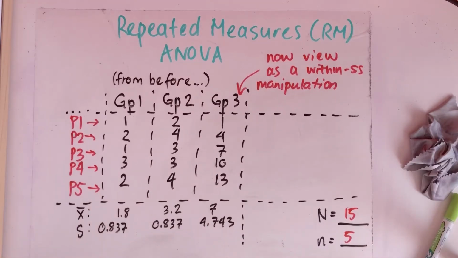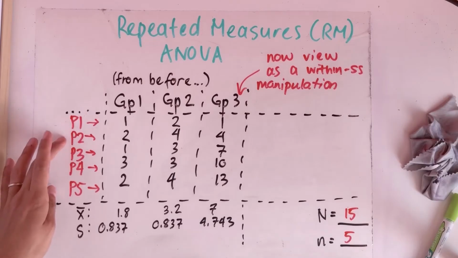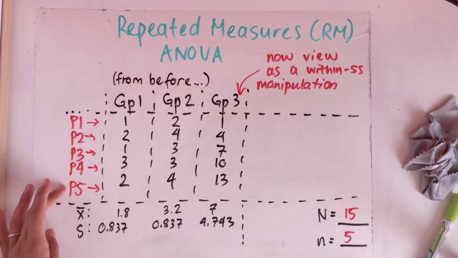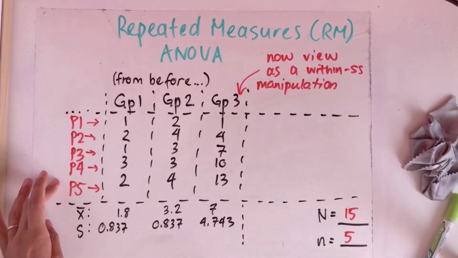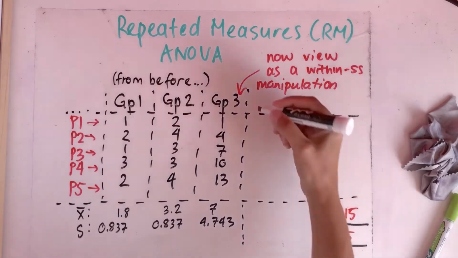Now, because this is a within subject manipulation, we are going to do something very powerful that allows us to examine differences between our 5 participants. The way that we're going to do that is we're going to compute what's known as subject means, or participant means if you prefer.